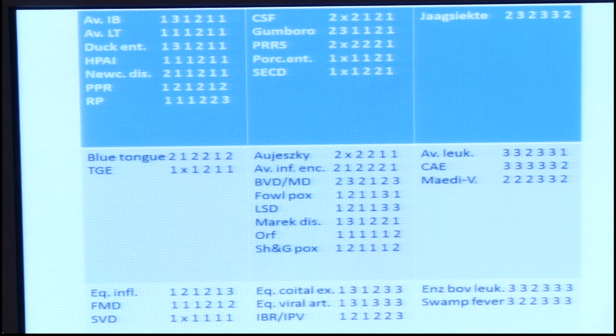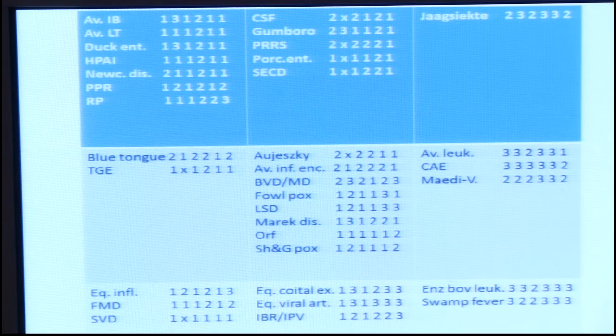We've got avian infectious bronchitis, avian laryngotracheitis, duck enteritis, highly pathogenic avian influenza, Newcastle disease, and then 2 ruminant diseases. And the column to the right, we've got classical swine fever, Gumboro infection, it's an avian disease. We've got PRRS, which stands for porcine reproductive and respiratory syndrome.